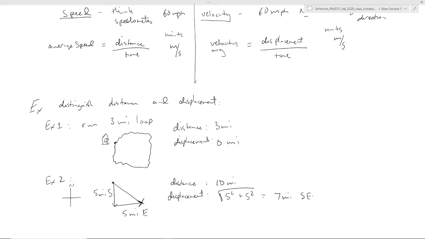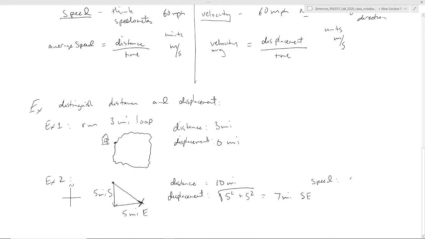And we could also calculate speed and velocity in a similar fashion. So the speed, if this was in 1 hour, say, or let's do something more interesting than 1 hour. Let's say that this was in 30 minutes.